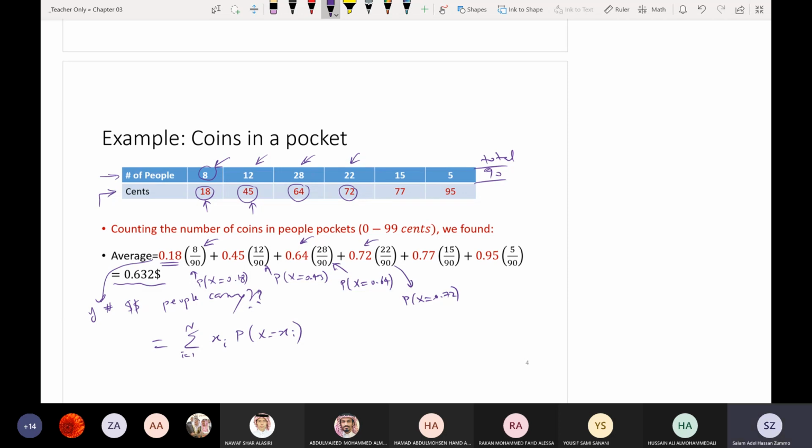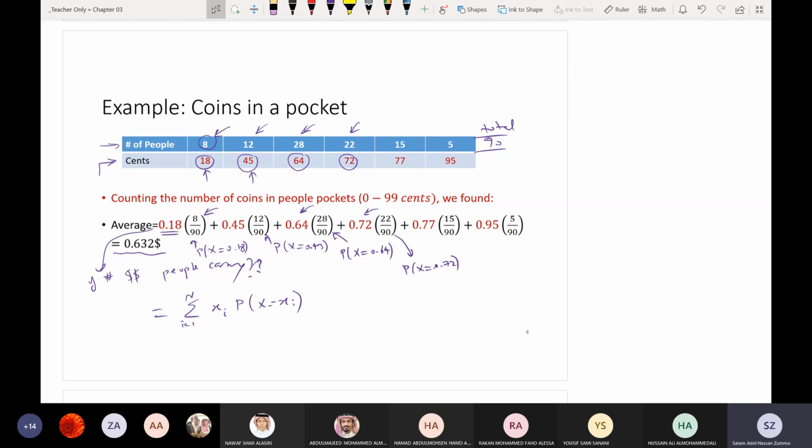Similarly, in your exams, the way we calculate the average is we take every common score that different students have gotten, and we multiply by the number of students who got this score, divided by the total number, which is the probability of them. And we add the next score multiplied by the number of students who got the score, divided by the total number of students, which is the probability, and so on.